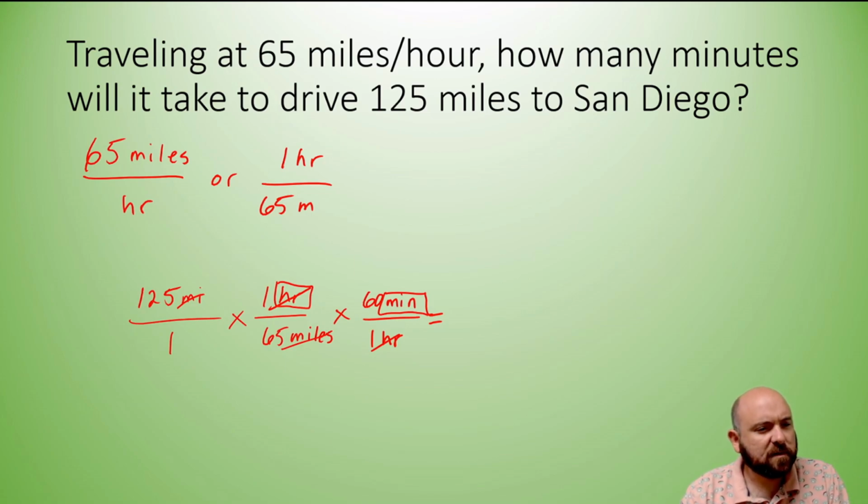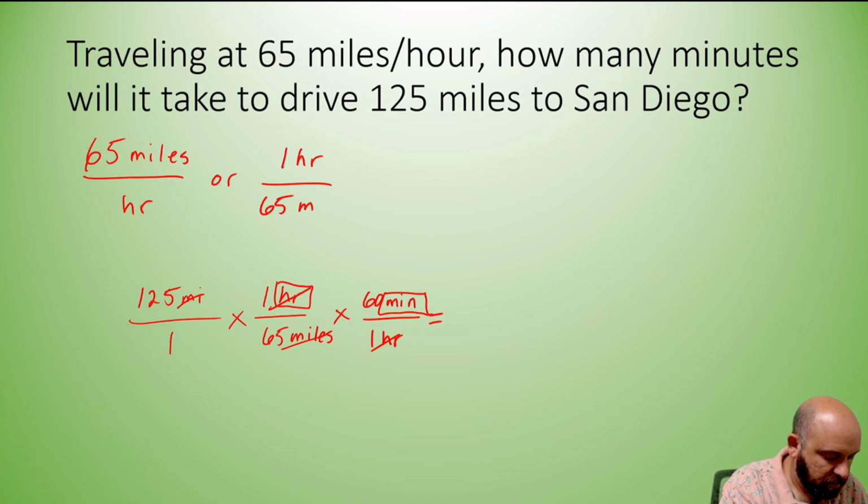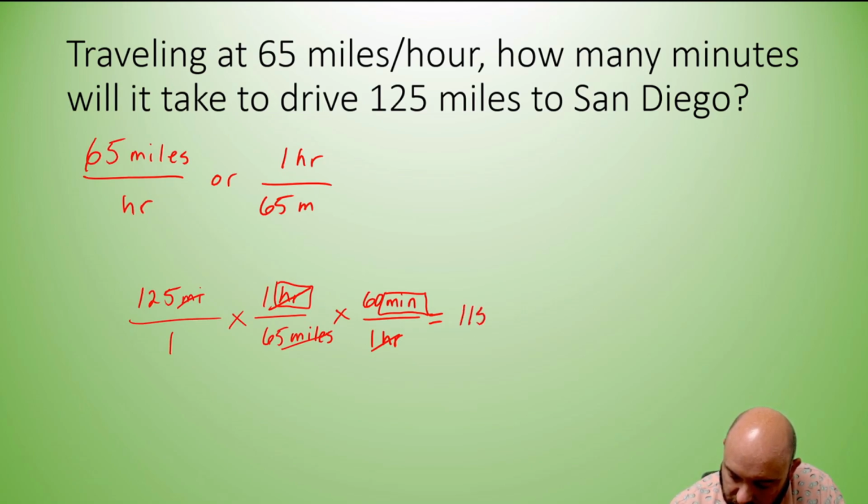The math says to do 125 times 60, and then on the bottom we're going to divide by 65. And that comes up to about 115.4 minutes. So at 65 miles an hour from 125 miles away from your destination, it's going to take you right at 2 hours to get there, which is certainly a reasonable answer if you look at the question involved.